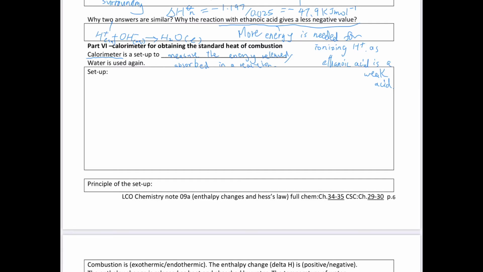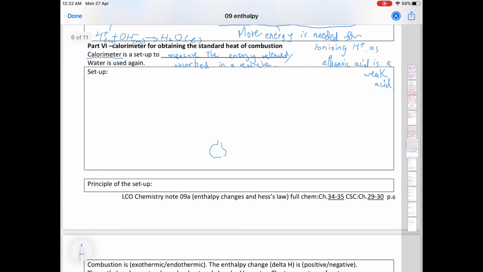So for example, if there is a spirit burner, 酒精燈, and you would like to burn some fuel inside. How can you measure the heat released? By using water.